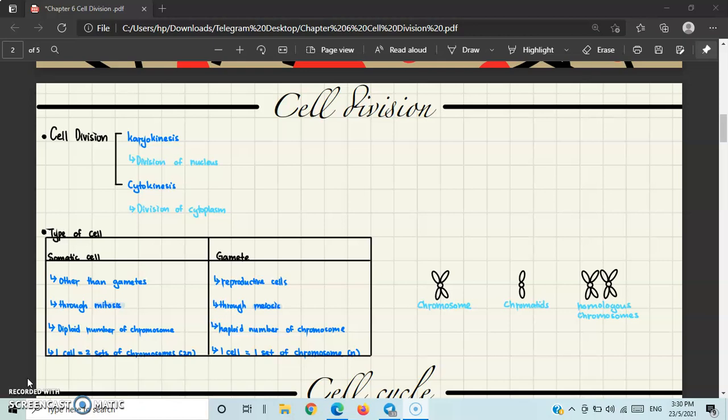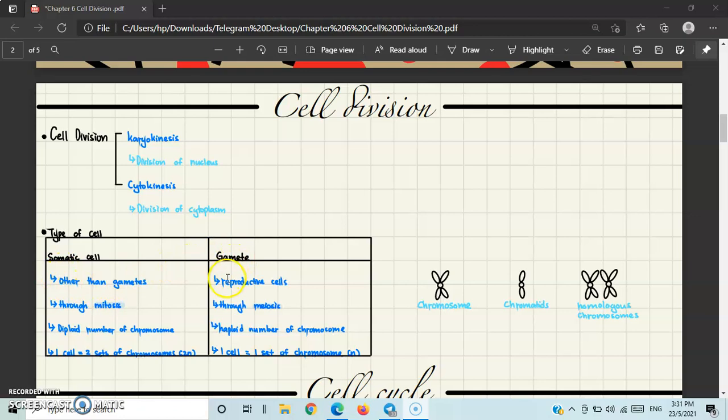And then we go to the types of cell. As we know before, our cells consist of two types, which are somatic cells that refer to our body cells, and then gametes. Gametes refer to the reproductive cells. So somatic cells are other than gametes.